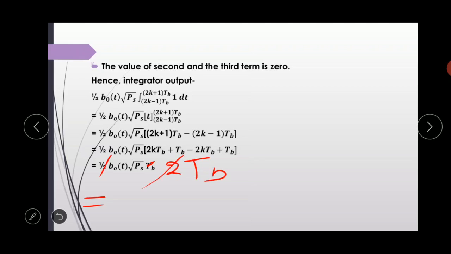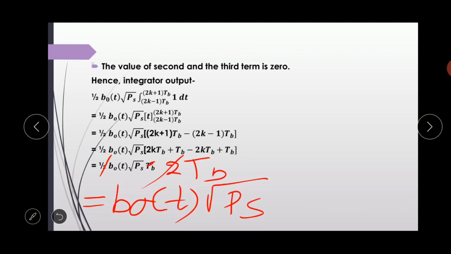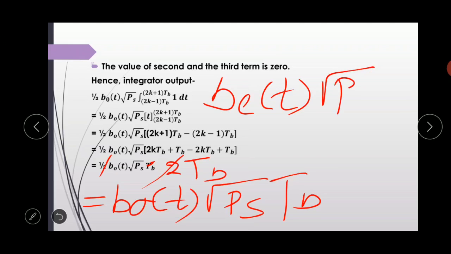At the output we get b0 of t root ps tb. Similarly we can prove that the output of the lower integrator is also be of t root ps tb.